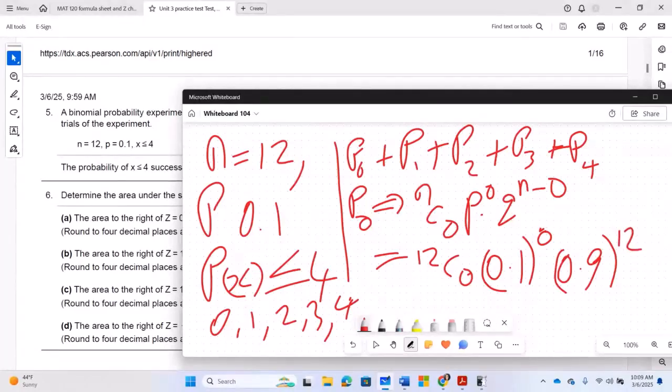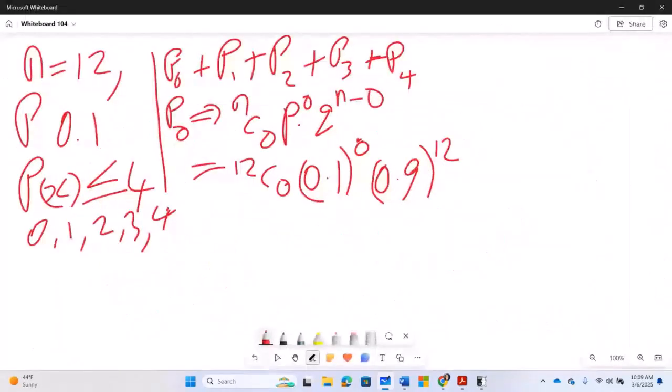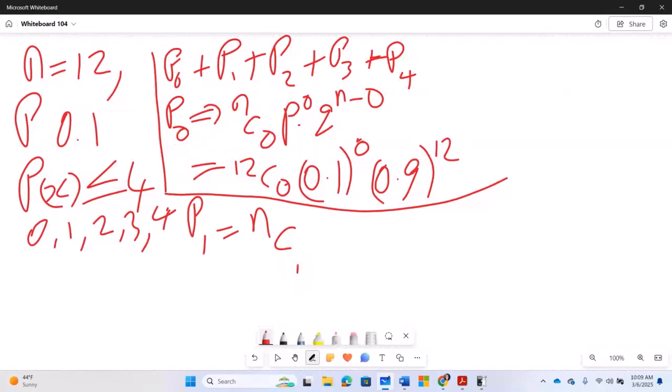Okay, the same thing if I'm told to find P1, I can be told to put it in the formula. It is important that you know how to put it in the formula. So if I'm told to calculate P1, I do the same thing. P1 is equal to n combination 1, success to power 1, and failure to power n minus 1.